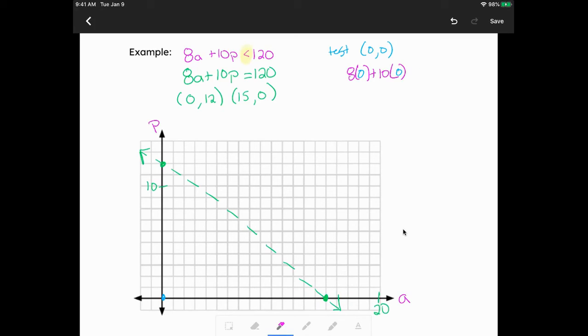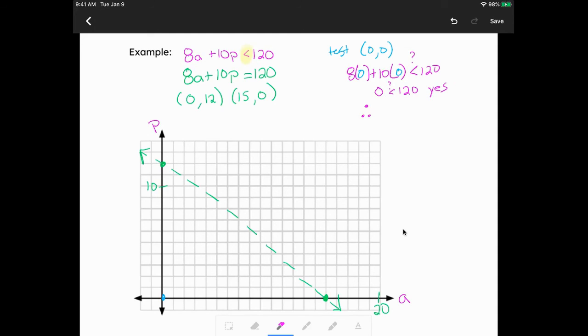And we want to know, is that less than 120? So 8 times 0 is 0, and 10 times 0 is 0. 0 plus 0 means the left side is 0. And is 0 less than 120? Our answer is yes.